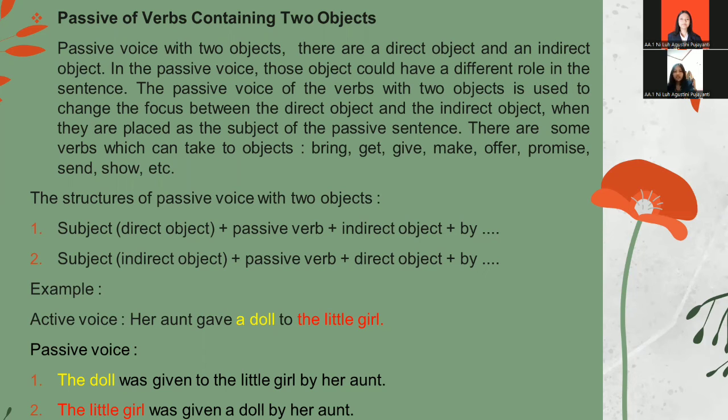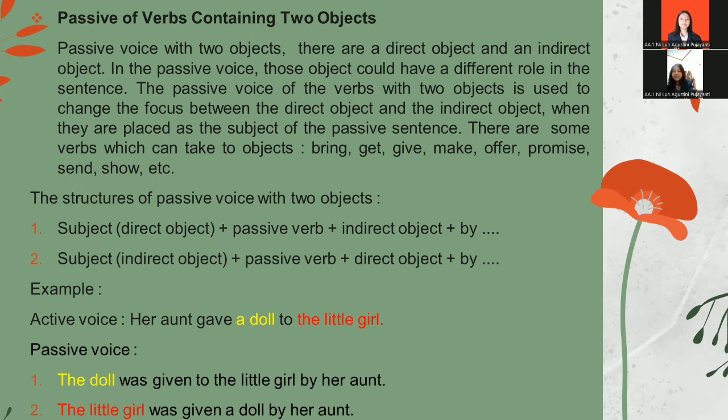The second structure is subject, indirect object, plus passive verb, plus direct object, plus by. In this second structure, we start with the subject of the sentence, which was the indirect object of the active sentence, followed by the verb in the passive form, the direct object of the active sentence, and maybe the preposition by and an agent.